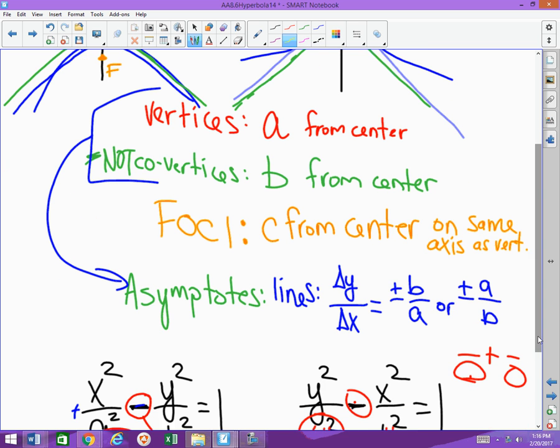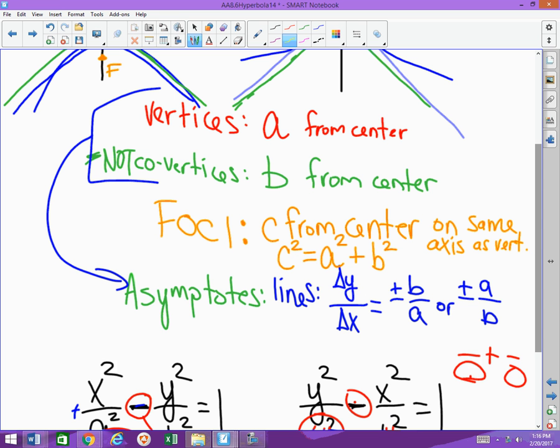They're on the same axis as the vertices. And to find the value of C, it's the same thing as with an ellipse. C squared equals A squared, except here it is plus B squared, not minus. It is the Pythagorean theorem.